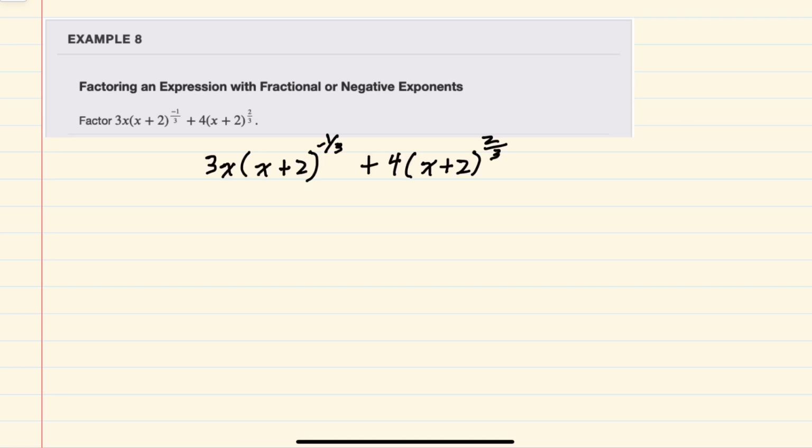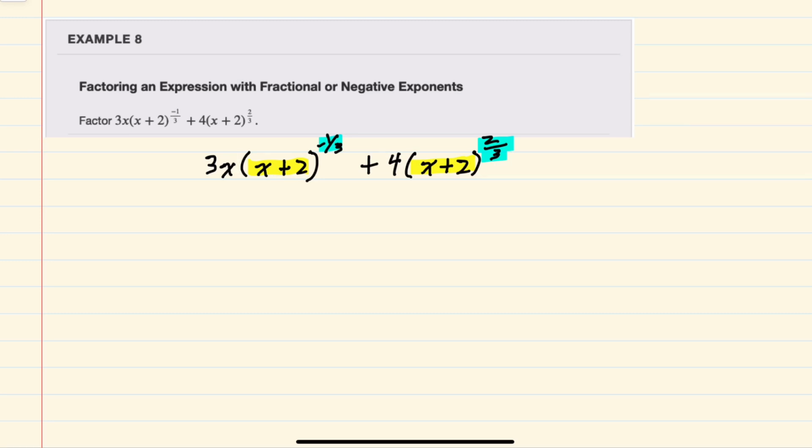And the first thing that I notice in this example is that both the first and last term have this x plus 2 in common, but that the powers here are this negative 1/3 and 2/3, and that indicates that we can factor out a common factor from both the first and last term.